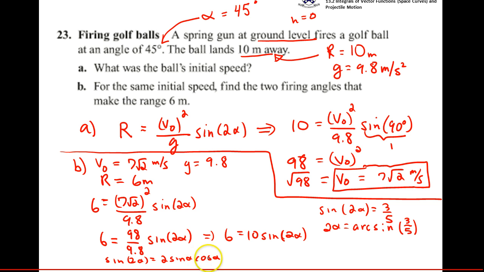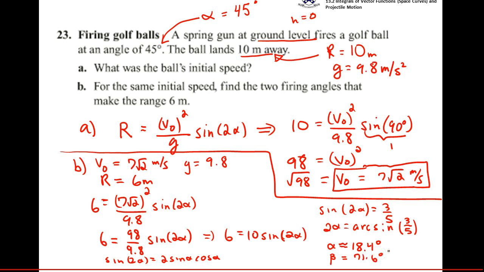So whatever we get for alpha, when we divide by 2, it turns out to be approximately 18.4 degrees. But we can also get the complement of that, 71.6 degrees.